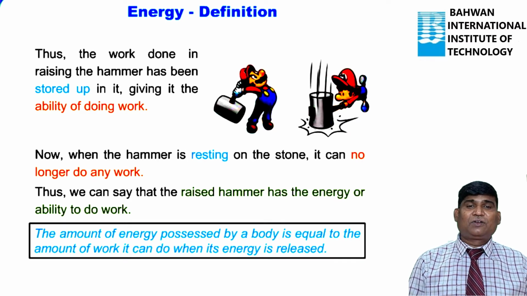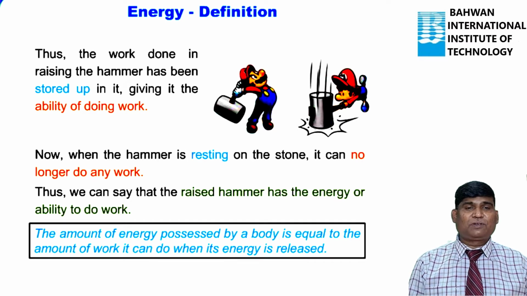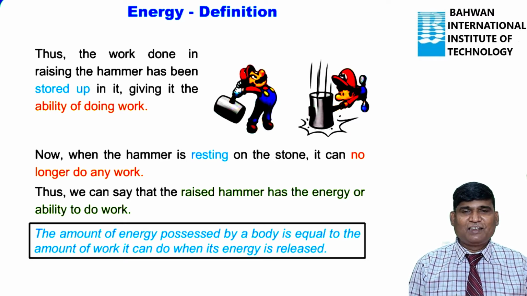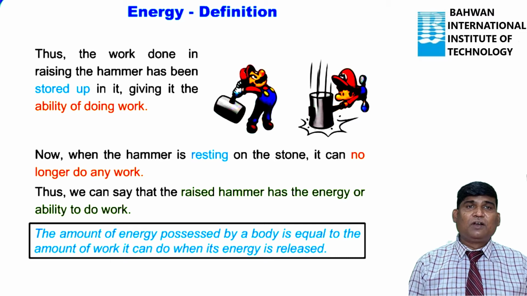So the amount of energy possessed by a body is equal to the amount of work it can do when its energy is released. This is a very important point.